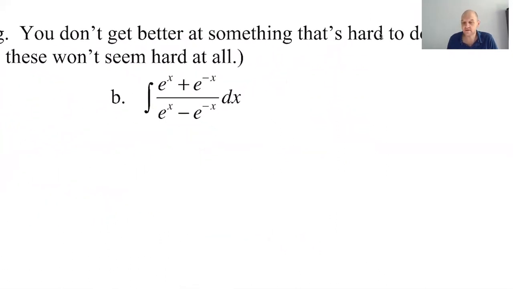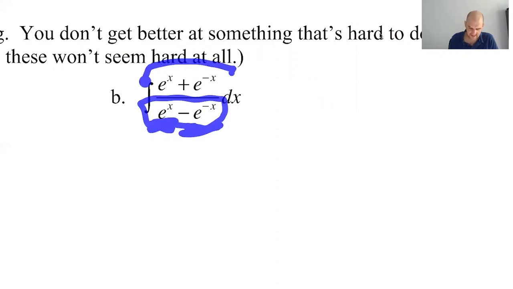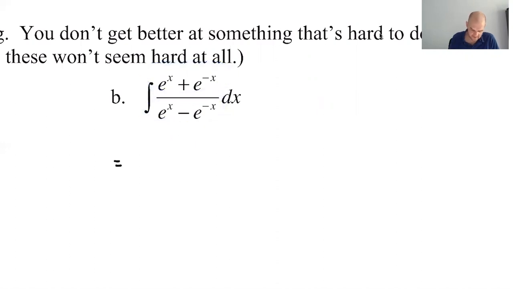Here, for example, I look at this and I'm like, what? There's nothing obvious. When there's nothing obvious, denominators are usually a really good choice. The derivative of the denominator is going to be e to the x plus e to the negative x. This is the derivative of the denominator, so this is actually just going to give us the natural log of the absolute value of this.